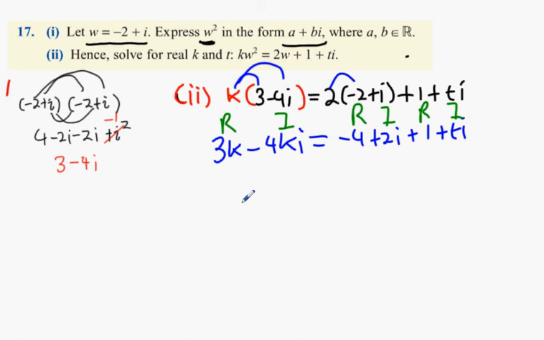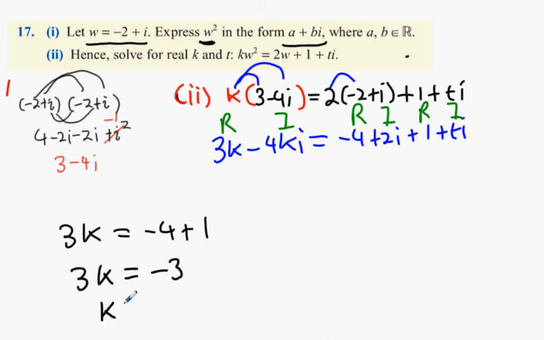What's the real equation? 3k equals minus 4 plus 1. What is minus 4 plus 1? Minus 3. Then divided by 3, k equals minus 1. Cool.